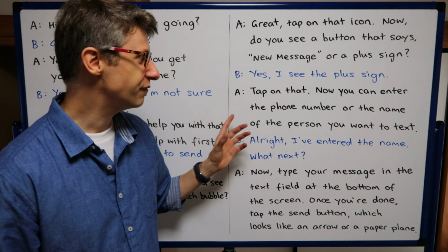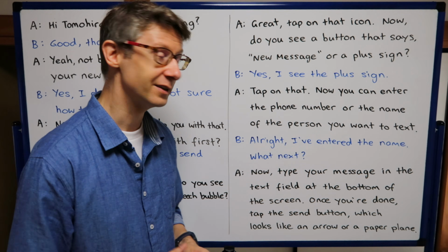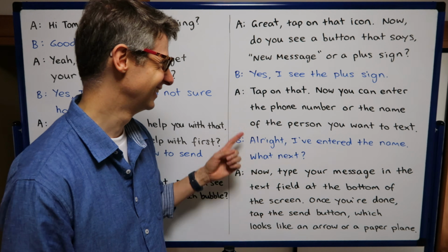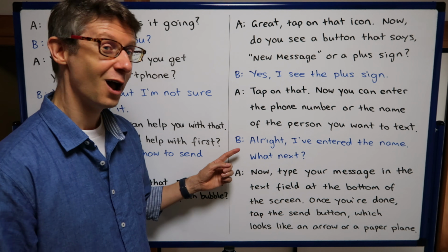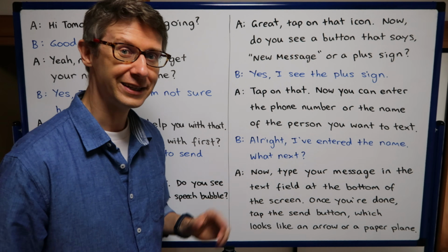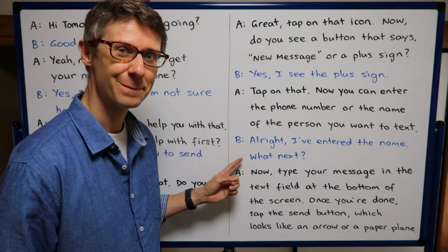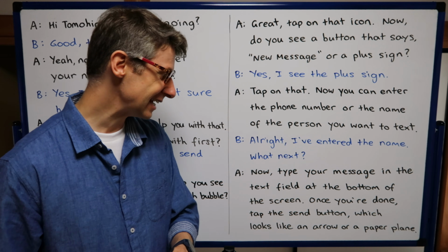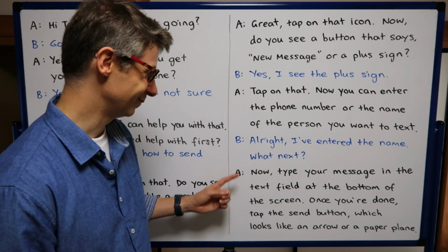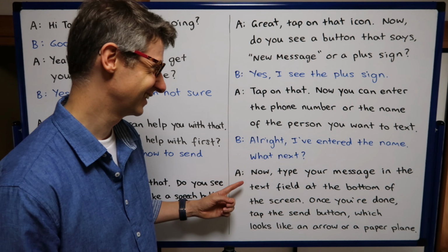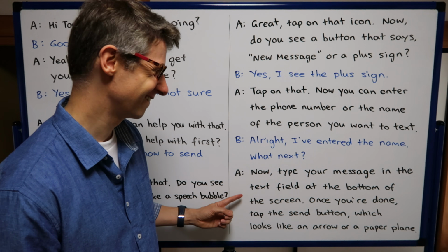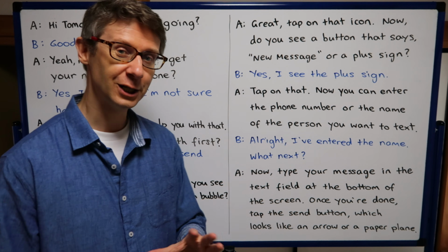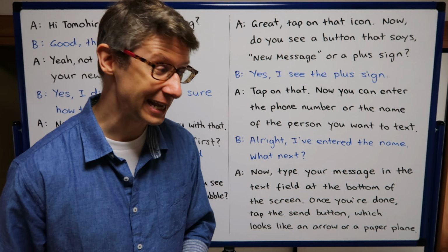Now you can enter the phone number or the name of the person you want to text. Alright, I've entered the name. What next? Now, type your message in the text field at the bottom of the screen. Once you're done, tap the send button, which looks like an arrow or a paper plane.